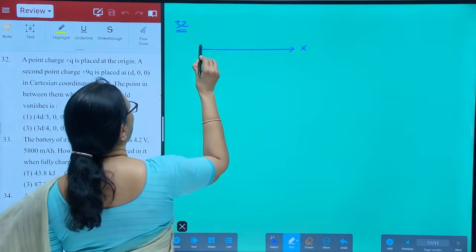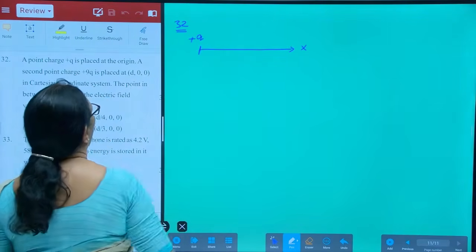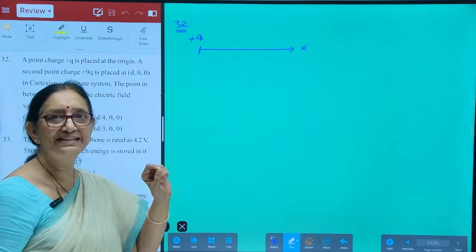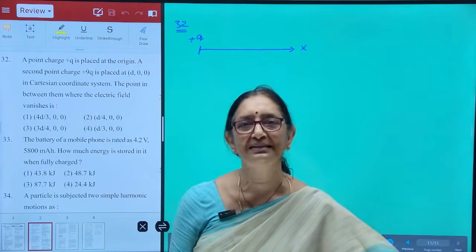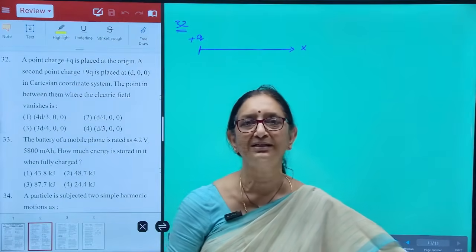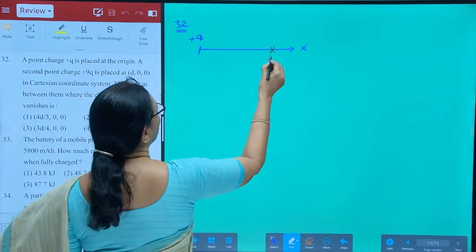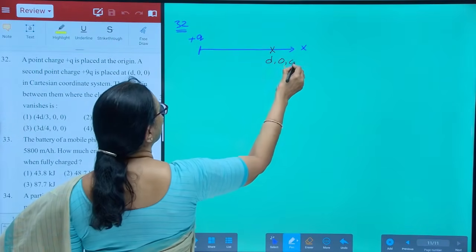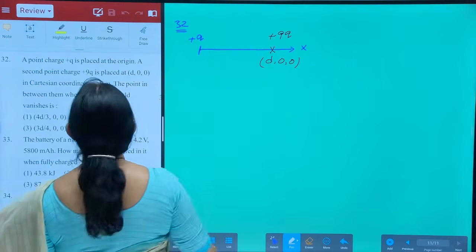So, at the origin, a charge plus Q is placed. At the point D, 0, 0, the y coordinate is 0, the z coordinate is 0, that simply says that the point is on the x-axis. Again, at the point D, 0, 0, plus 9Q charge is placed.